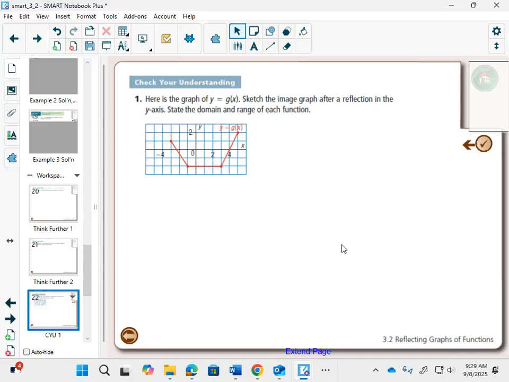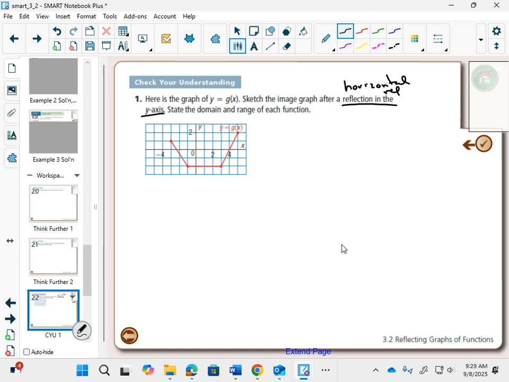So when I see that, I think horizontal reflection. I might even think horizontally is with the x. Well, this is g, so that negative would be inside the function.